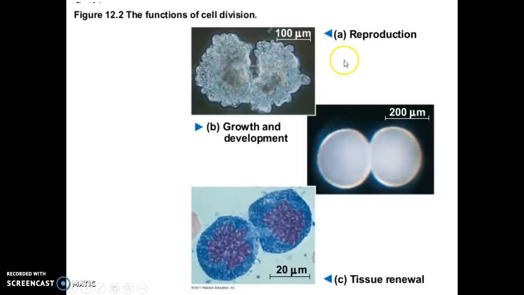When they fuse, they reproduce, and after that they grow and develop. This is where cell division comes in, and they grow first before they divide. And here is tissue renewal, where, for example, it replaces the old cells that had an accident before.